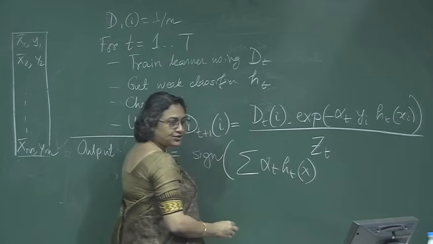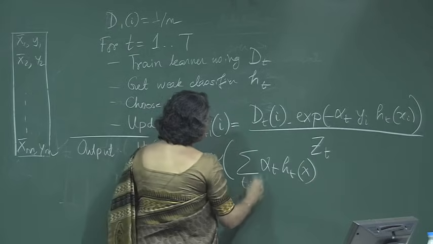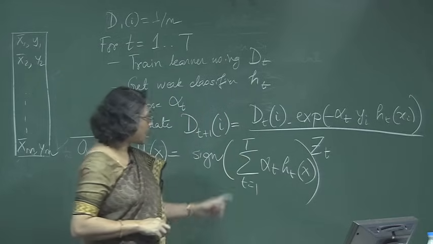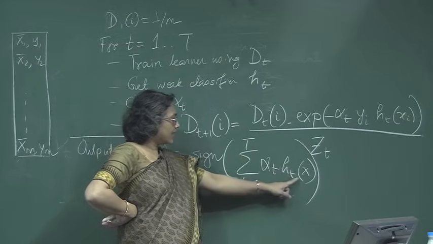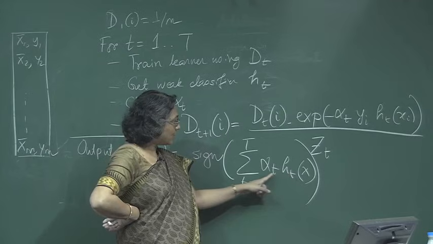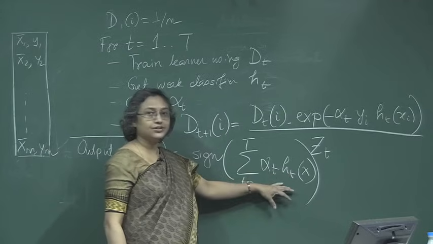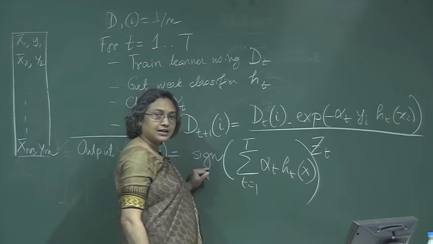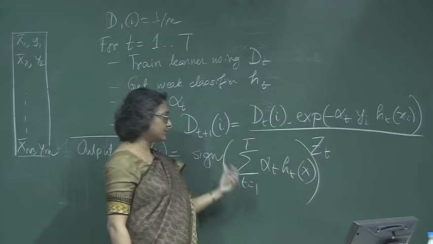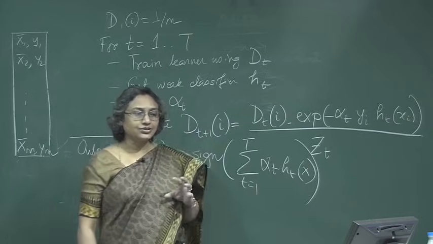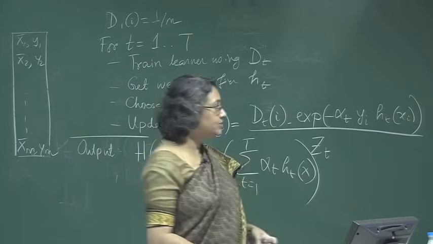So, h1, h2, up to hT are the different classifiers that are output. They are weighted by alpha t, and the total is computed. If the total is positive, then the class is positive. If the total is negative, the class is negative. Okay. So, this is the basic AdaBoost algorithm.